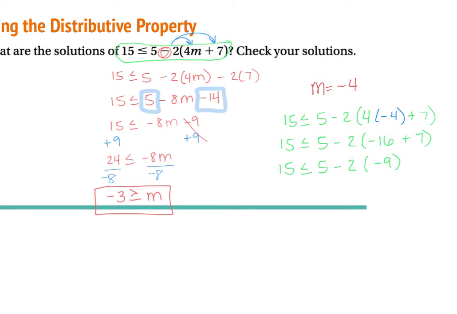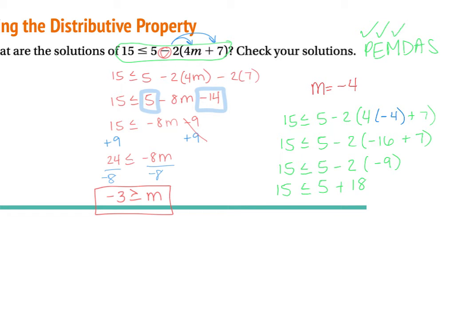And now we've simplified everything inside the parentheses. So if we're looking at PEMDAS, okay, we're done with parentheses. I don't see any exponents. I do see multiplication though. So we've got to do 15 is less than or equal to 5 minus negative 2 times negative 9, which is actually going to be a positive number, and it's going to be a positive 18.